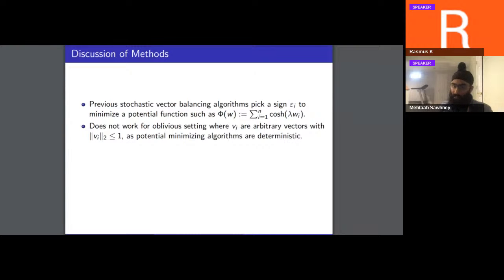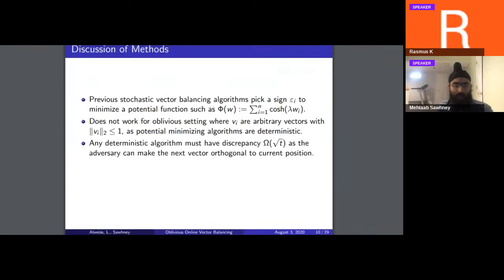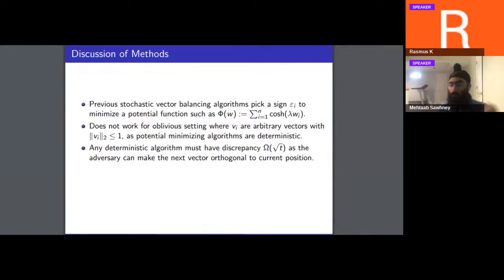Any deterministic algorithm cannot hope to do better than square root t in the oblivious model, and this is why previous works were stuck with the square root t bound, not able to do better than the trivial one.